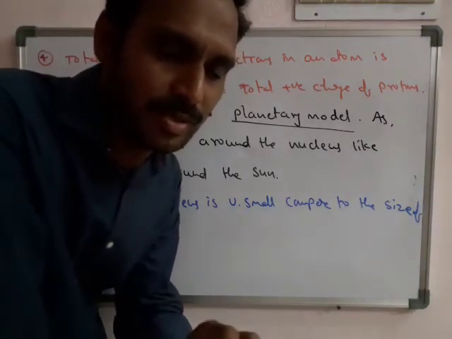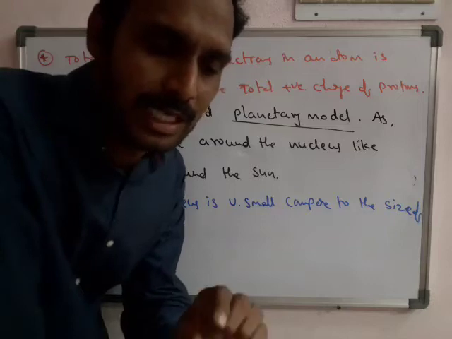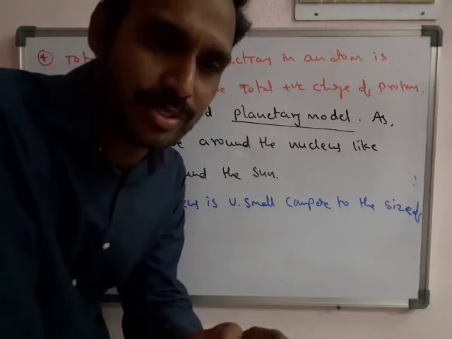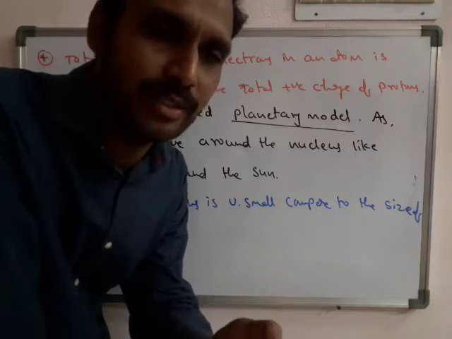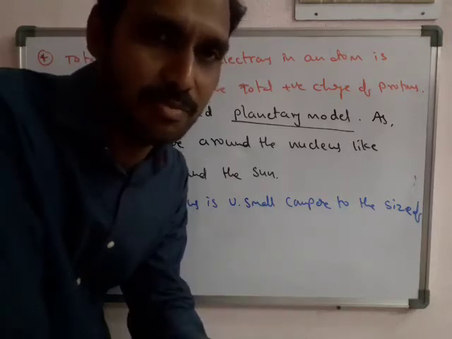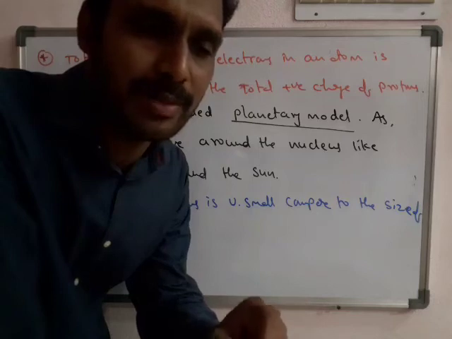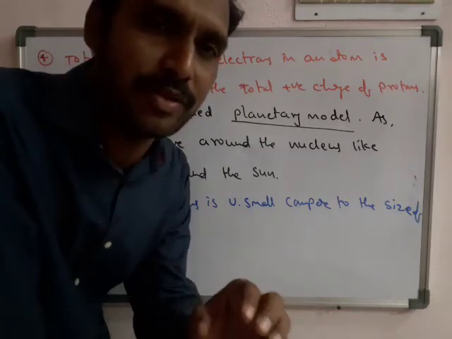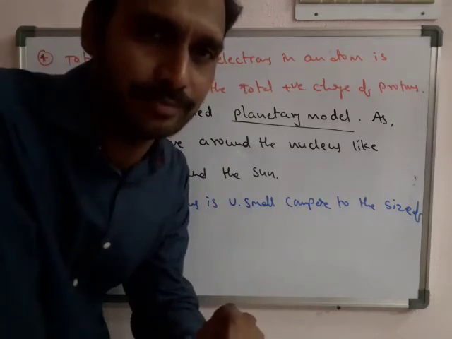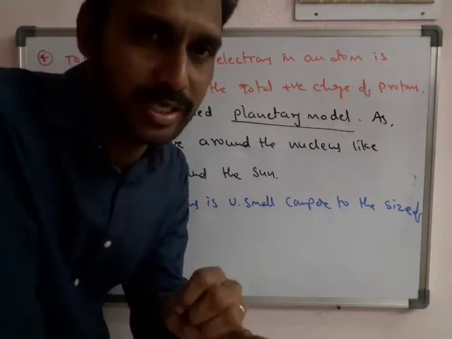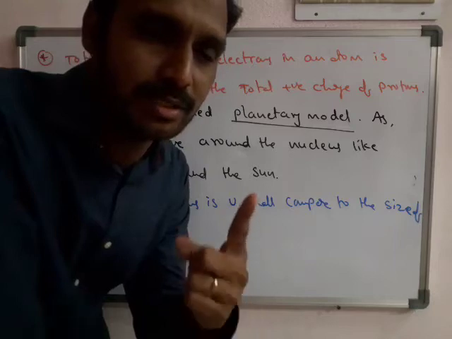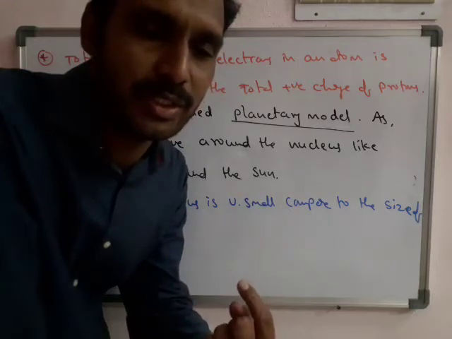What are the merits of this theory? This was widely accepted by many scientists in the world when compared to the J.J. Thomson model. There are very perfect points about the atom. Next, the nucleus was introduced for the first time in this model.